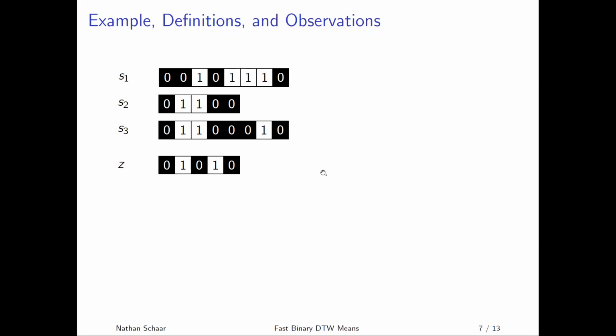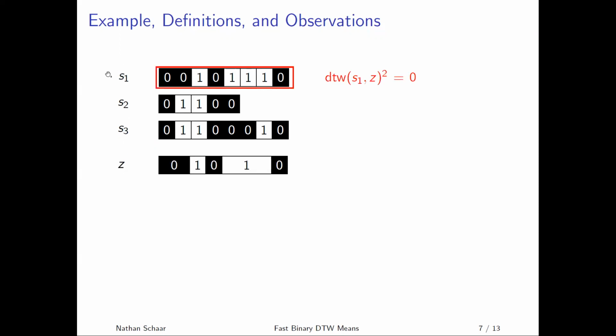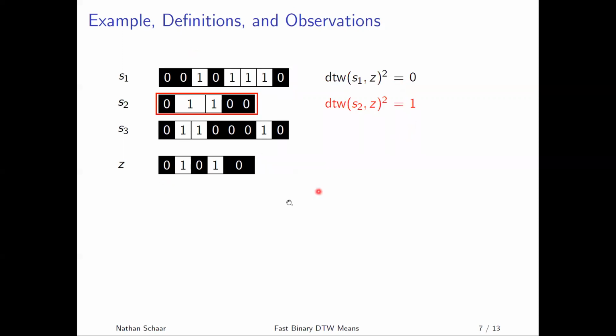So let's look at the distance between each of the input strings and the z. For the alignment of z and s1, we can warp this 0 and this 1, and then everything is aligned perfectly. So our distance is 0. For z and s2, we have to make some mistake, and we will see in a moment why.